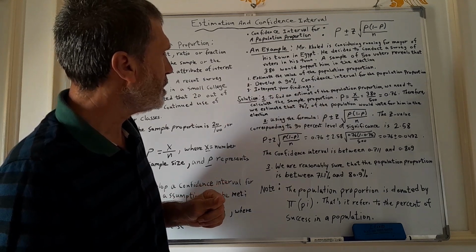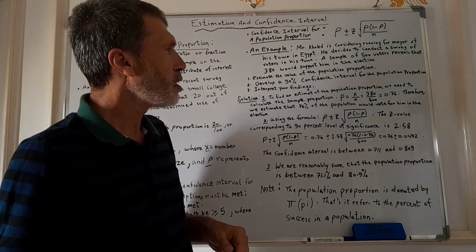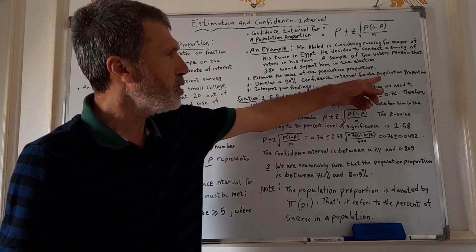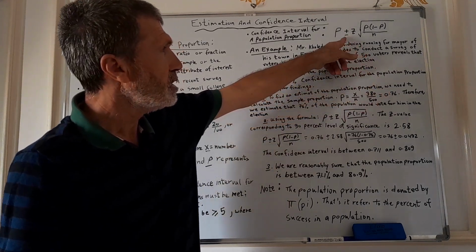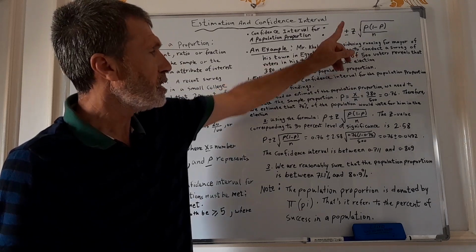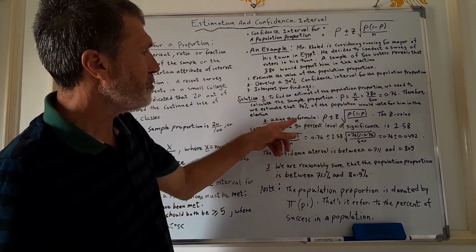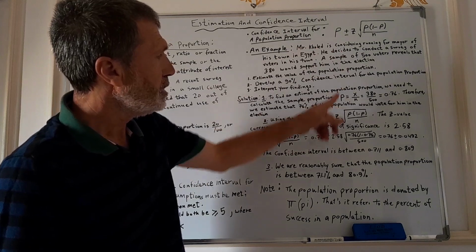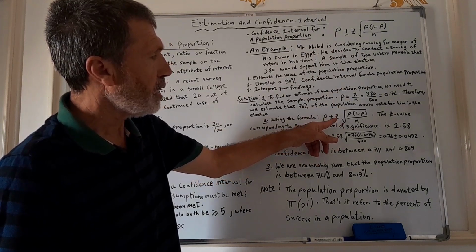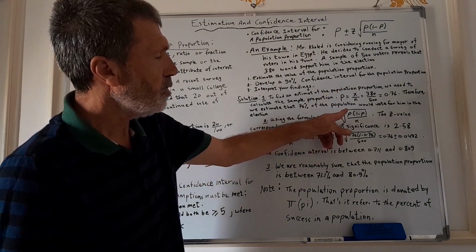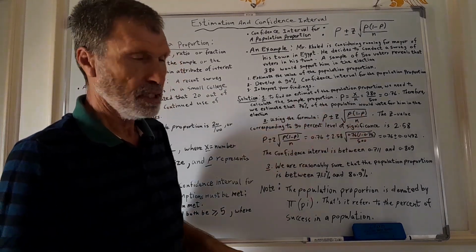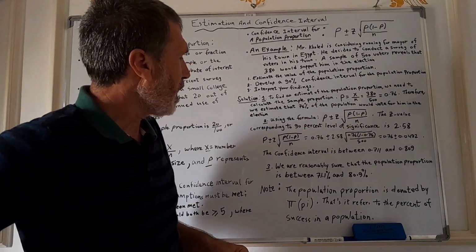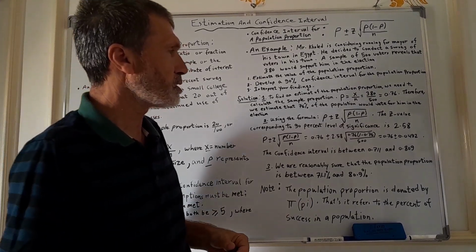Now, the second question, develop a 90% confidence interval for the population proportion. We're going to use this formula up here, p plus or minus z times the square root of p times 1 minus p over n. The z value is important.